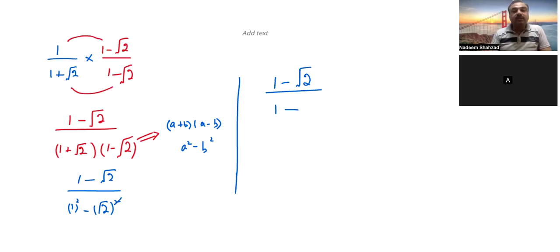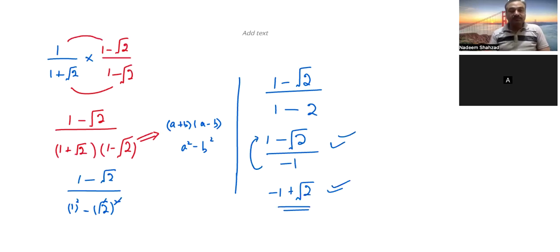So it will be 1 minus 2. We will get 1 minus square root 2 divided by -1. This is your answer. Or if you want to remove the negative sign from the denominator, you will change the signs in the numerator. So it will become -1 plus square root 2. So these are your answers.